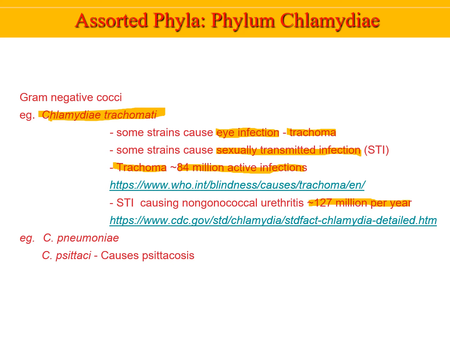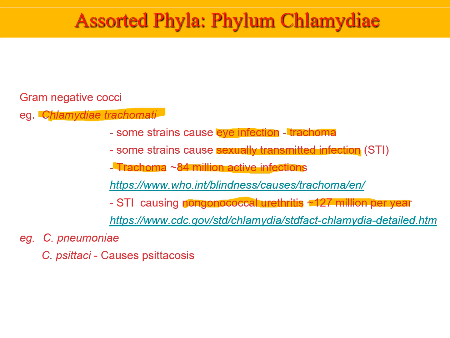In terms of sexually transmitted infection, it causes non-gonococcal urethritis. What that means is that it is not caused by Neisseria gonorrhoeae. Neisseria gonorrhoeae causes the disease gonorrhea, which is a sexually transmitted infection and does cause urethritis.